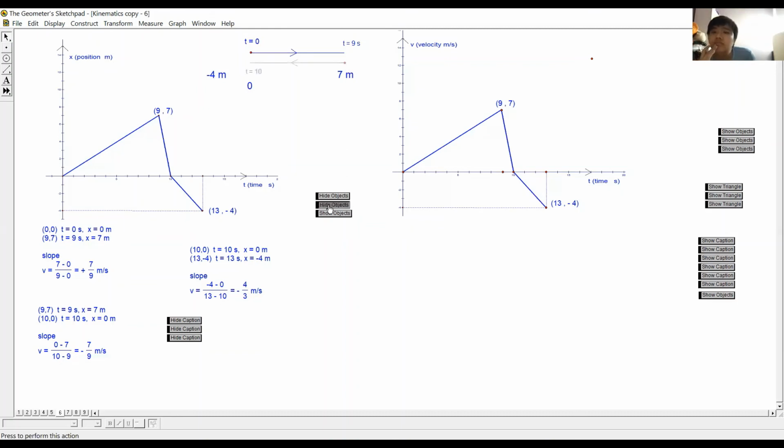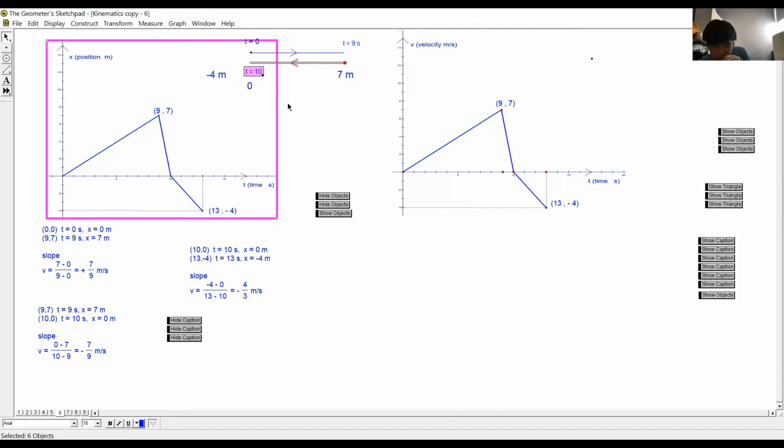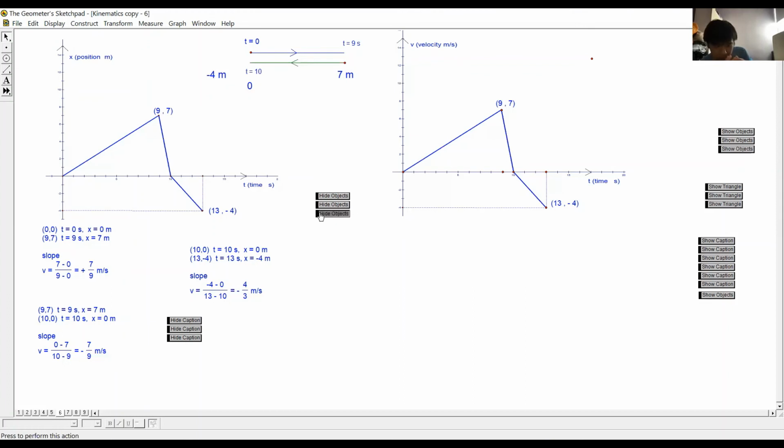So after that, they turn back until the zero, the starting position earlier. Okay, they turn back and come here. Then from this starting point, they move further left another 4 meters, or -4 meter. -4 meter is the final position of the object.